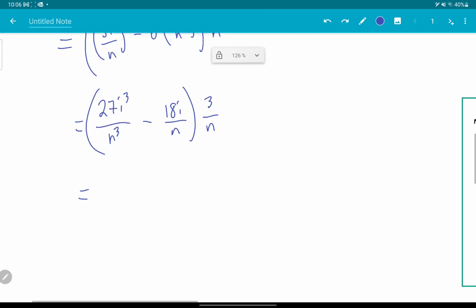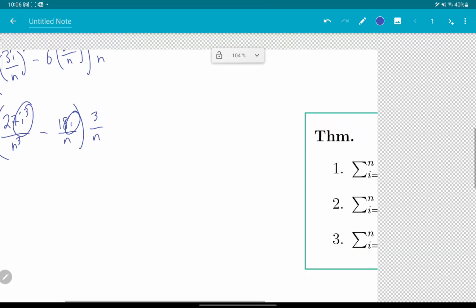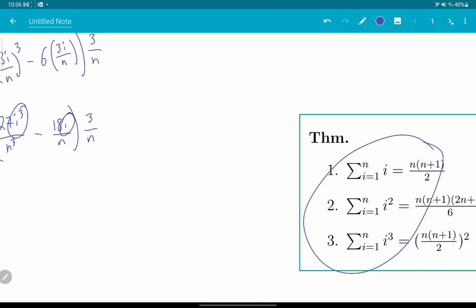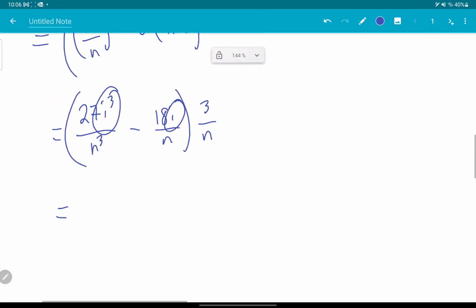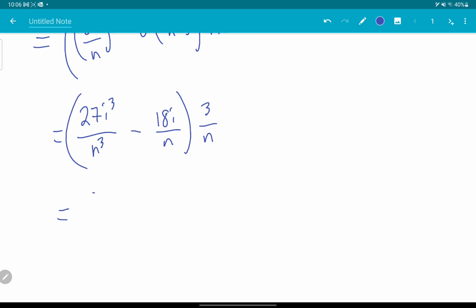I don't want to factor an i out. If I factored an i out of here, then I think that would really mess up my formulas later. It's not going to help me use my formulas later. So I'm going to leave the i's in there, and I'll do factoring of what else I can factor.